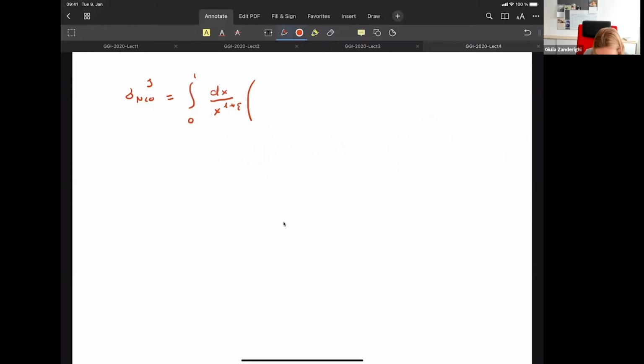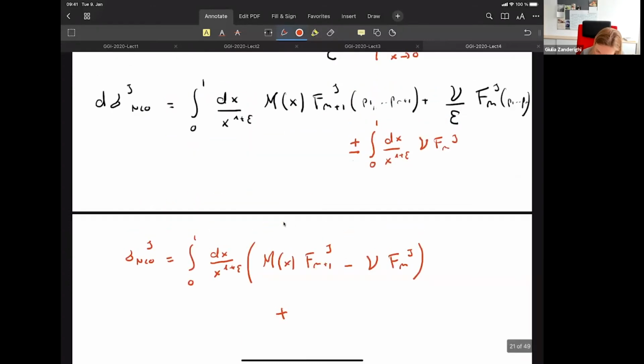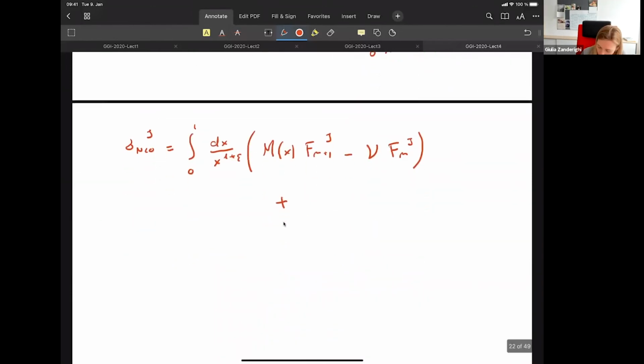I have my matrix element with my jet function f n plus 1 jet minus V f n j. And then from this bit, when I add and subtract these terms, this minus with this one, you see that the 1 over epsilon really exactly cancels. So you are left with something that is really finite, order 1, f j.